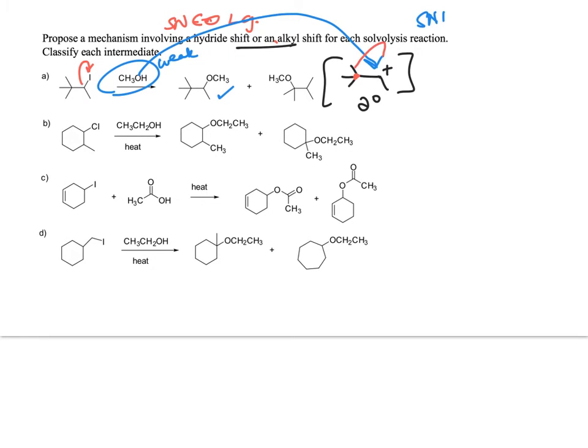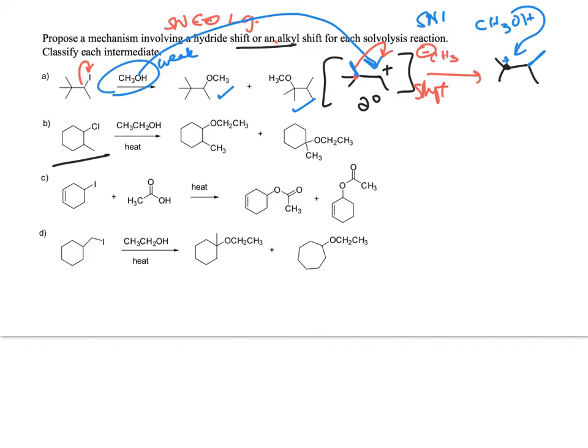So if one of these methyl groups, the CH3, took their electrons and did a shift, it basically is going to trade places with, let's draw that one there, and then the carbocation goes over here to this carbon. Now when your nucleophile, CH3OH, comes in, you get the next product.